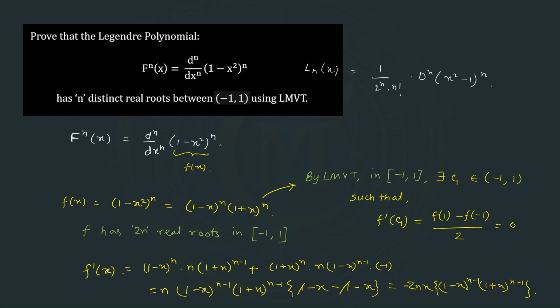Or we can equivalently say that from this pattern here in this f dash x, we can see that we differentiate fx one time, the power reduces to n minus 1. So if we differentiate it n times, the power will reduce to n minus n, that is 0. So overall, the roots of this function will not be x equal to 1 and x equal to minus 1.